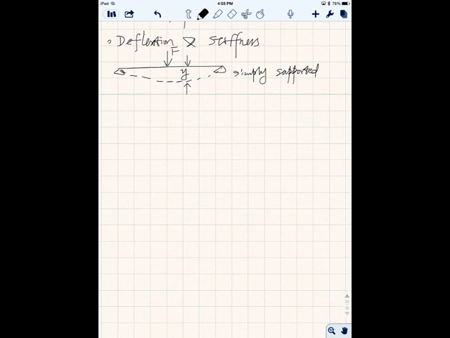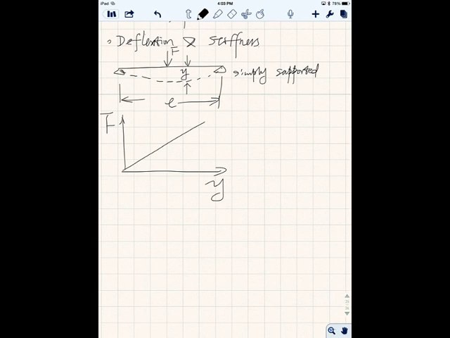But to be general, I say the vertical distance between any arbitrary point before and after the loading is y, and the total length over here is L. So on a small force and small deflection, this y and F have a linear relationship.